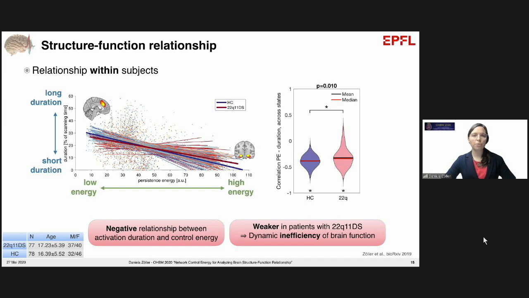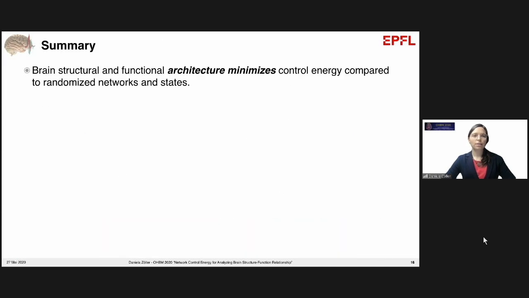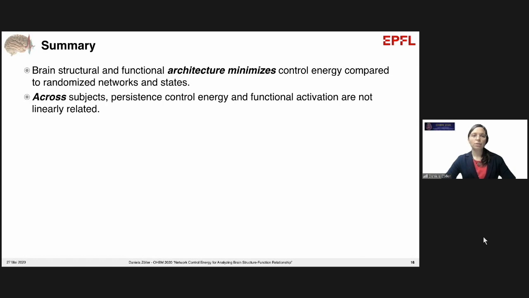So to sum up, we found that the brain structural and functional architecture minimizes persistence control energy compared to randomized networks and states. I found that across subjects, persistence control energy and functional activation during rest are not linearly related, which is intriguing, but maybe it's just not specific enough for this kind of approach.